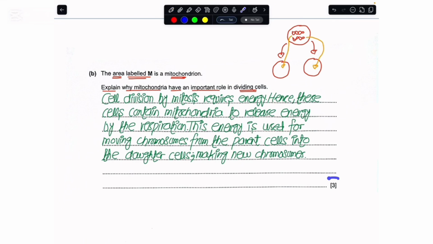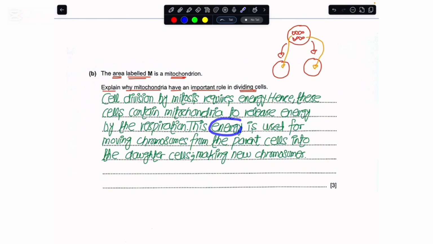So for 3 marks, how you are required to answer is that the cell division that occurs by mitosis requires energy. Here you will get 1 mark. And then you would say that hence these cells contain mitochondria. Why? So that they can release energy by the process of respiration. And once we have released energy, you have to link it to some process that is happening during mitosis.